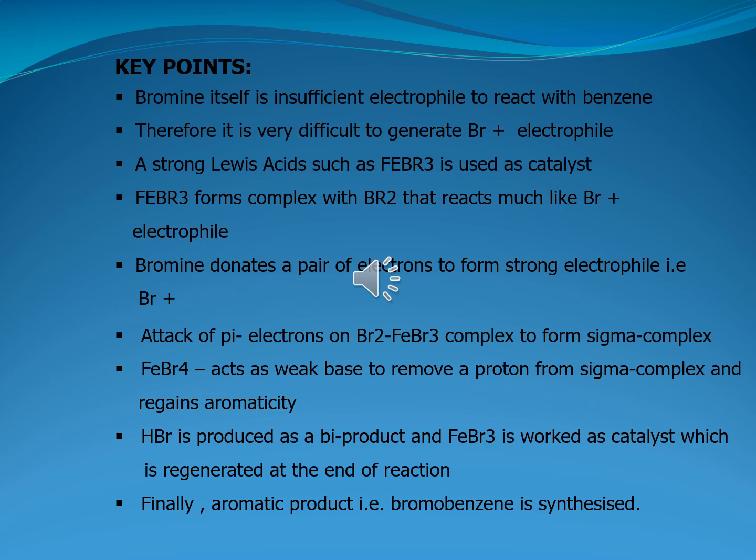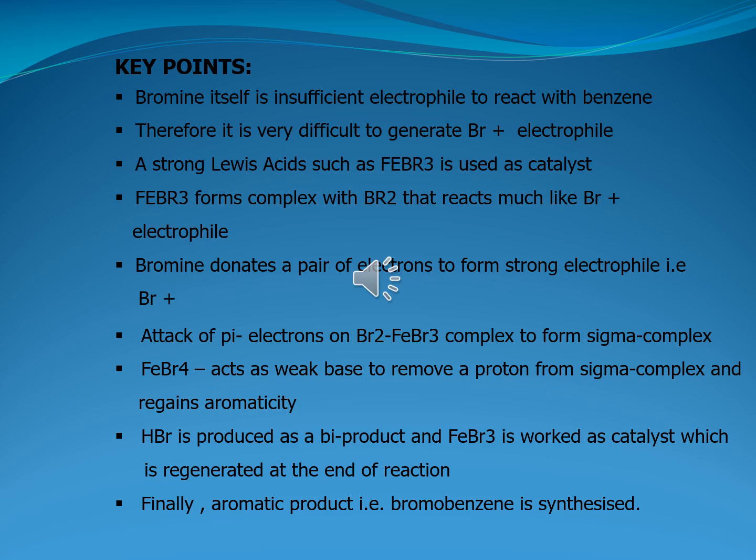Hydrogen bromide is produced as a byproduct, and iron tribromide, which worked as the catalyst, is regenerated at the end of the reaction. Finally, the aromatic product, bromobenzene, is synthesized.